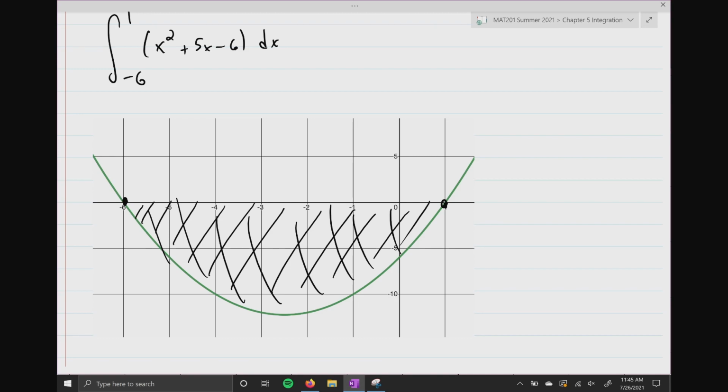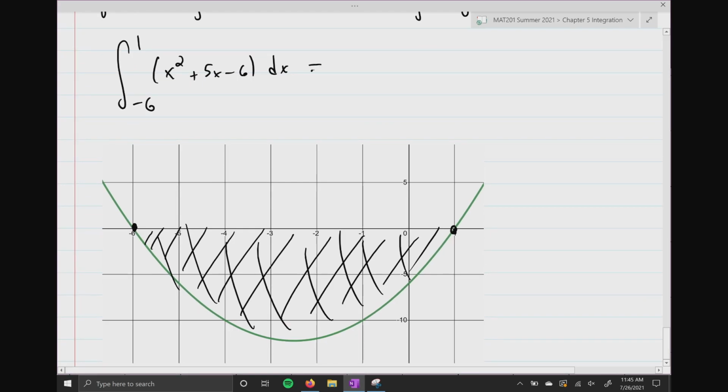So my area should be a negative number. For each one of these, we're going to apply the power rule. The integral of x squared is x to the third over 3 plus 5x squared over 2 minus 6x. And we're going to evaluate this between -6 and 1.